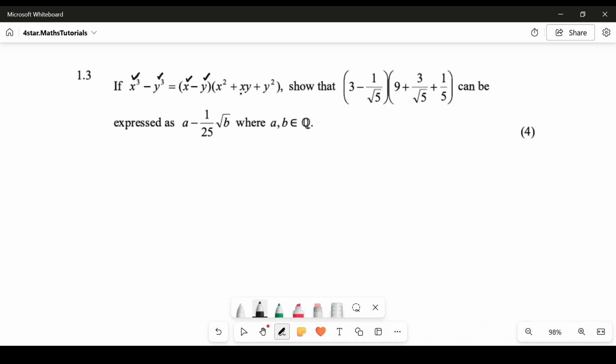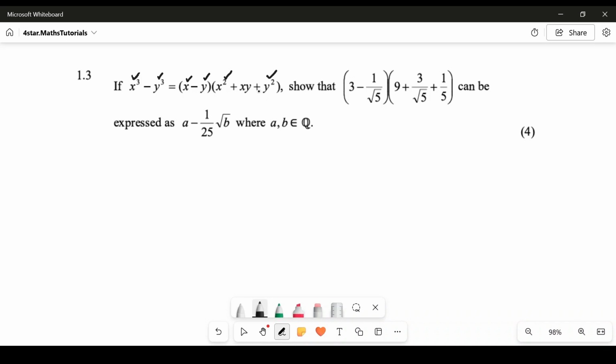So to get the second factor, we say what can we multiply with x to get x cubed, which is x squared? What can we multiply with y to get y cubed? y squared.